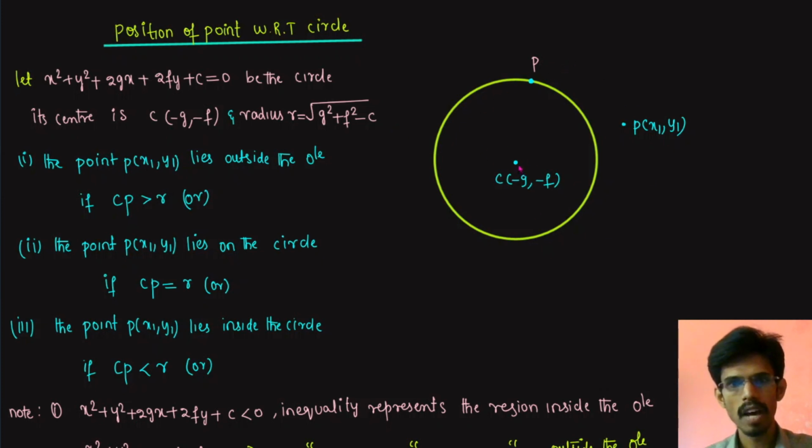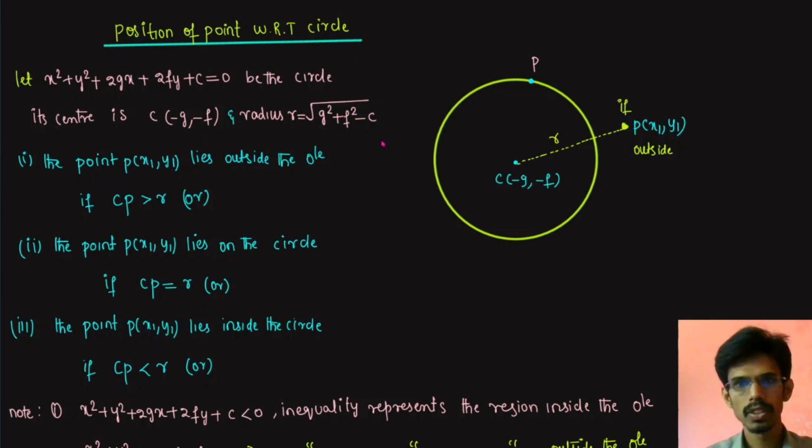Now see, here we have this circle. Inside this we have marked the center (-g, -f). Now if the point P is outside the circle, then the condition will be, see here, this is the distance between the center and the external point P. Now this distance CP will be greater than r.